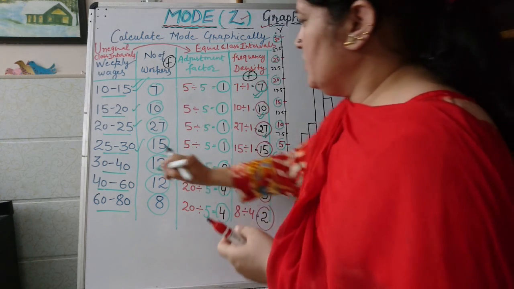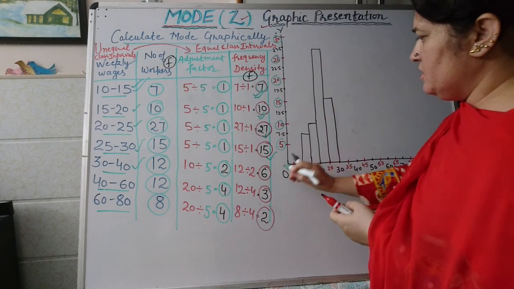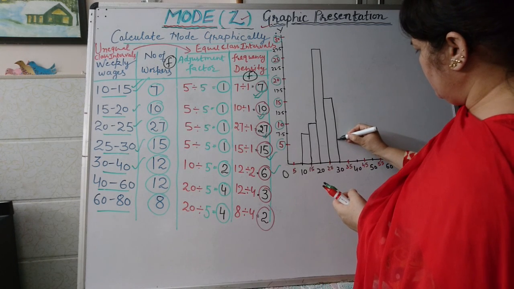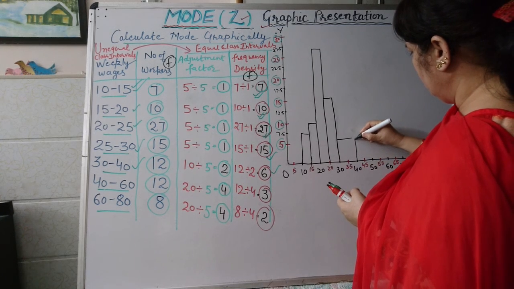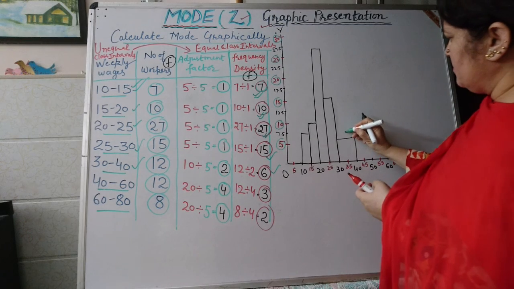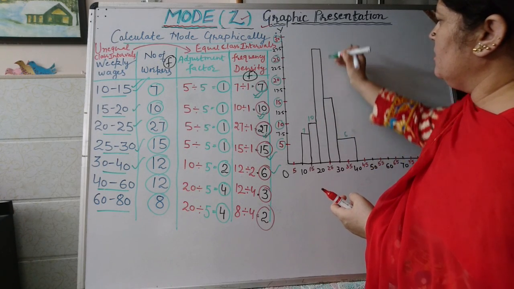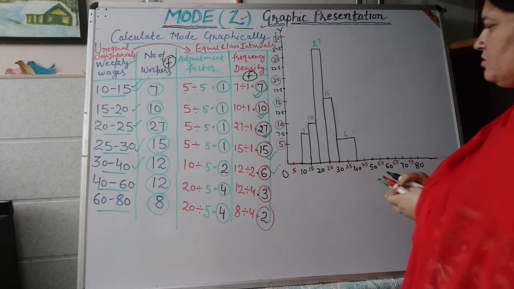Then next class interval 30 to 40 and frequency is 6. Here I am taking frequency 7, then 10, 27, 15 and 6.